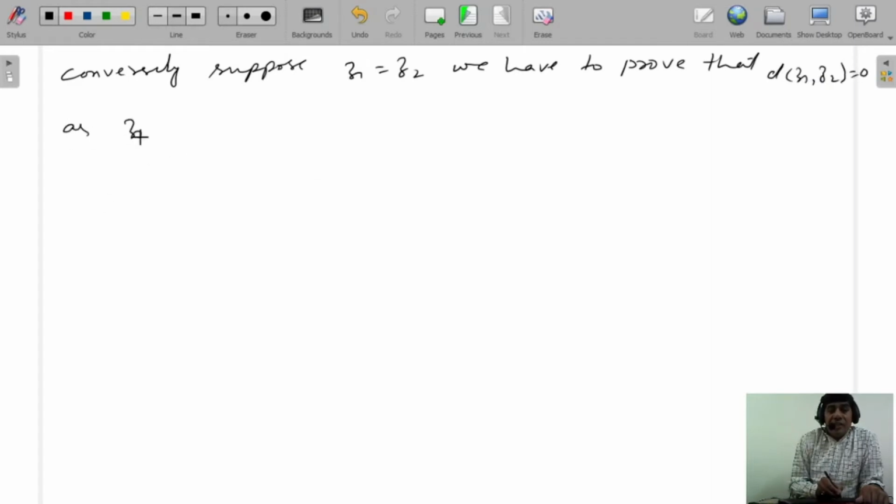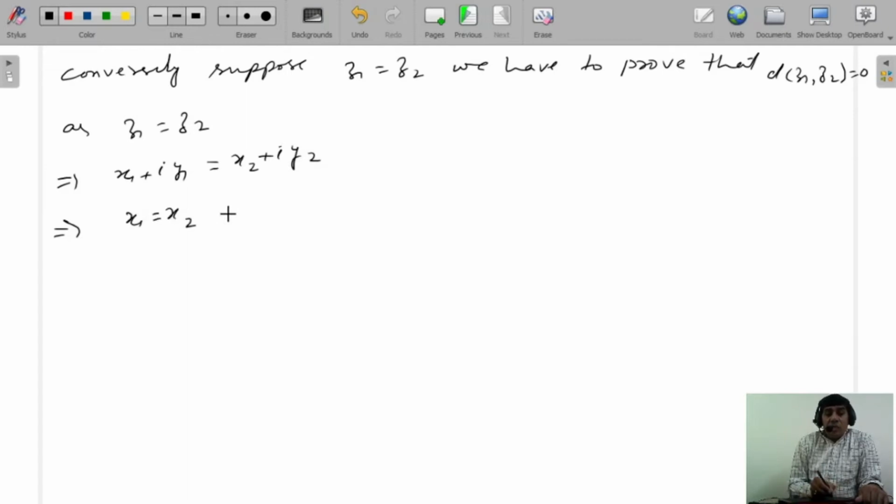As z1 is equal to z2, this implies x1 plus iota y1 is equal to x2 plus iota y2. Comparing the real and imaginary parts on both sides, we have x1 is equal to x2 and y1 is equal to y2. This implies x1 minus x2 is equal to 0 and y1 minus y2 is also equal to 0.